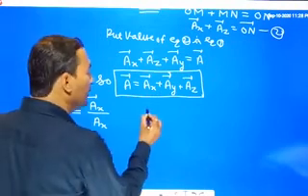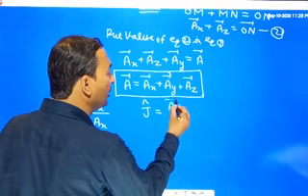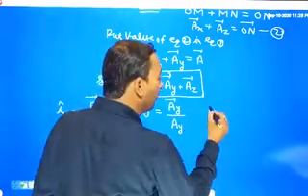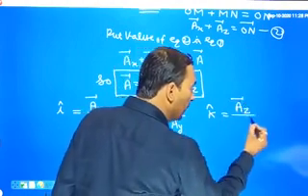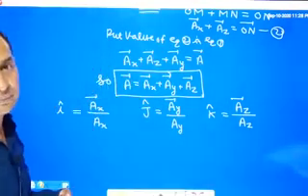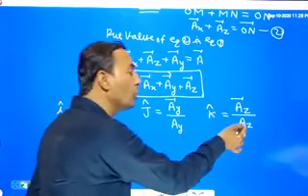Like that, j cap equals Ay vector divided by Ay, and k cap is Az vector divided by its magnitude Az. Any vector divided by its magnitude gives the unit vector.